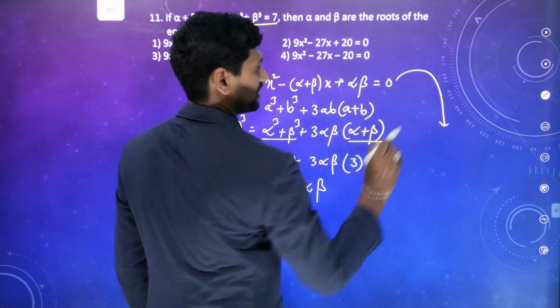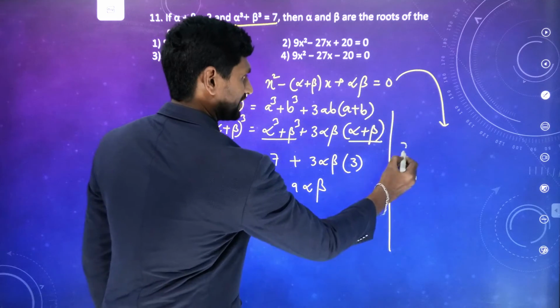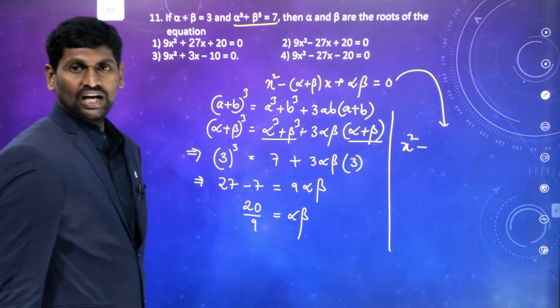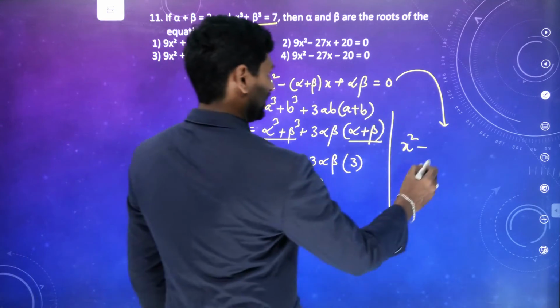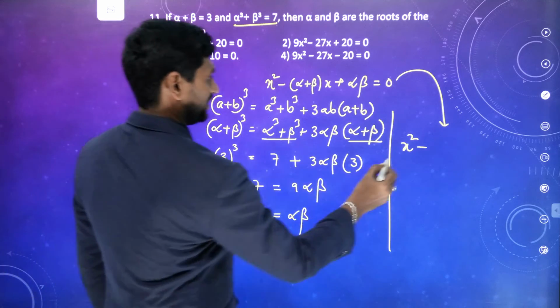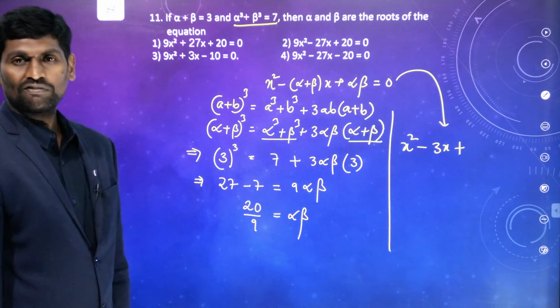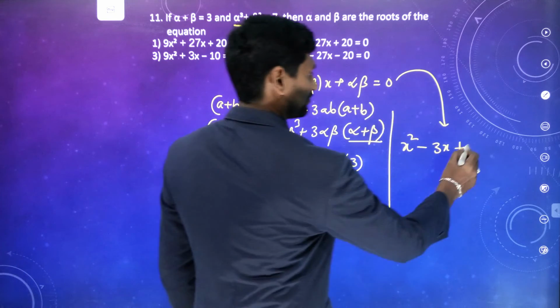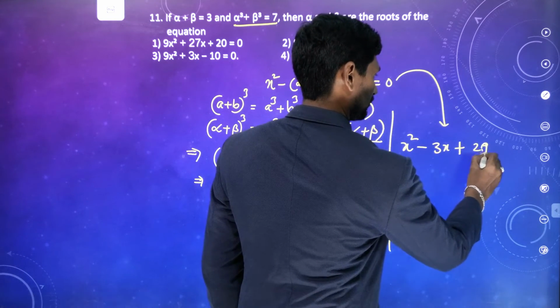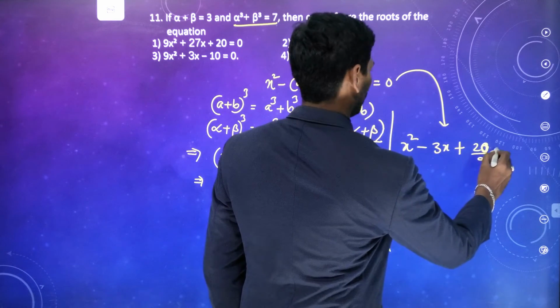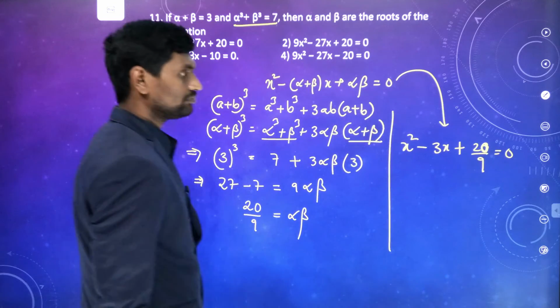Substitute in this equation. So we have x square minus (alpha plus beta value 3) into x, 3x, and alpha beta value is 20 by 9, equal to 0.